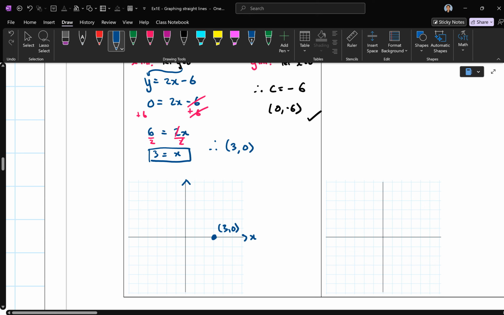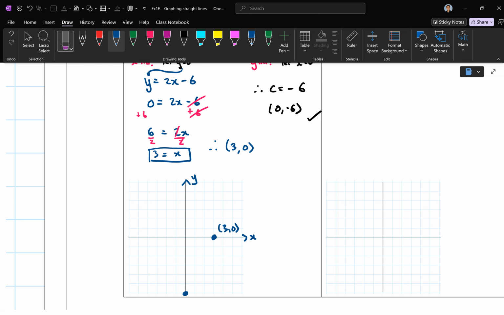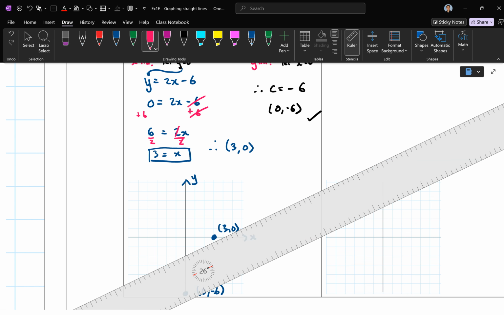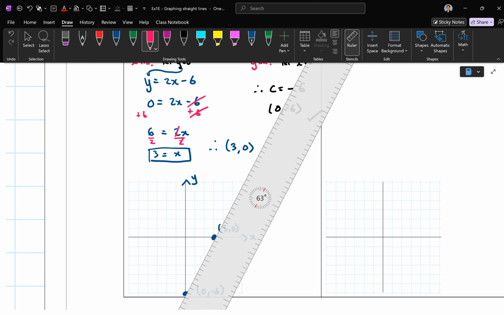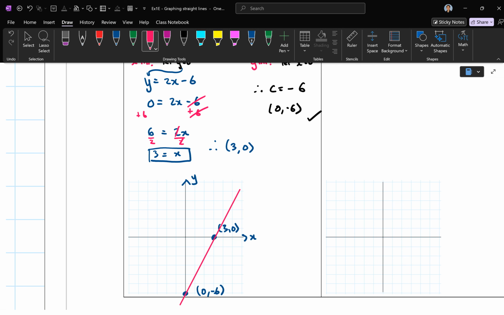So on your y-axis, 0, negative 6, that's 1, 2, 3, 4, 5, 6. So here we go. That's my point at 0, negative 6. And then you finish off your equation. Make sure to use a ruler or something straight. And you're done.